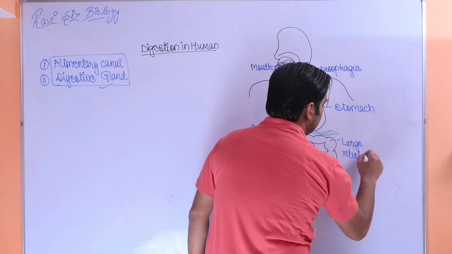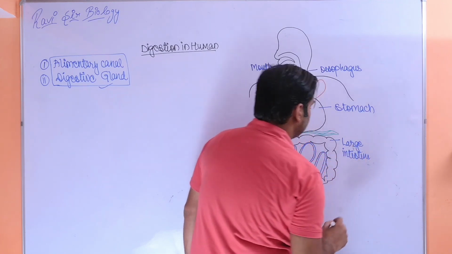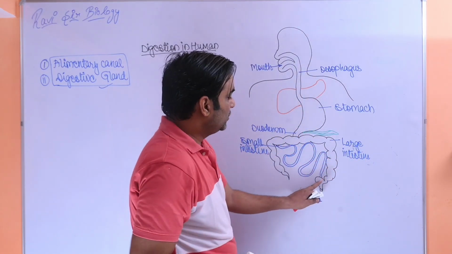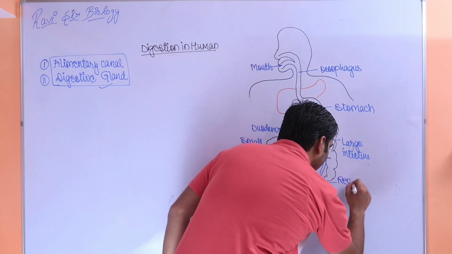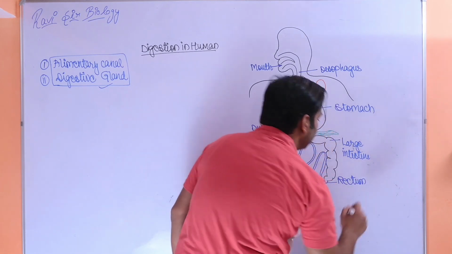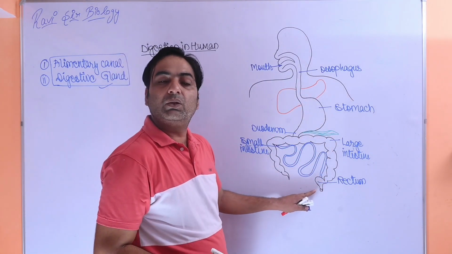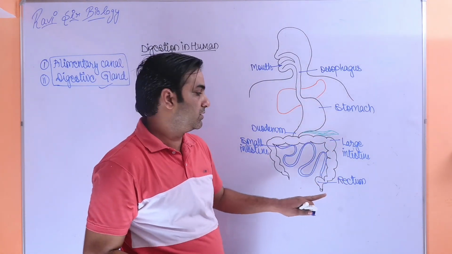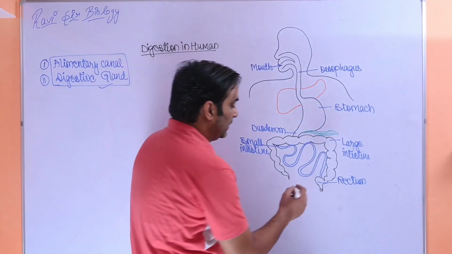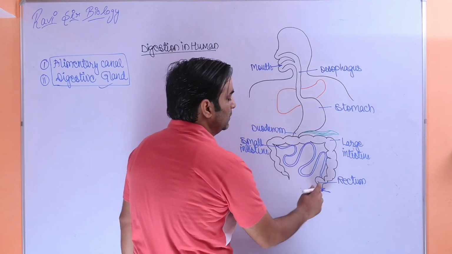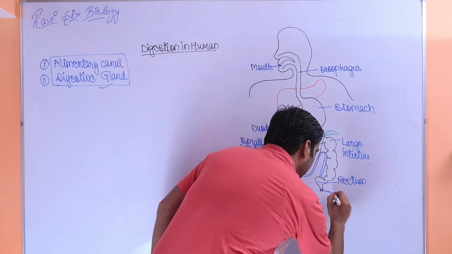As I have already told you, the undigested part will be stored temporarily in the rectum, and as soon as the size increases, the information will go to the CNS, the central nervous system, and we will feel the need to go to the toilet, and it opens through this anus.